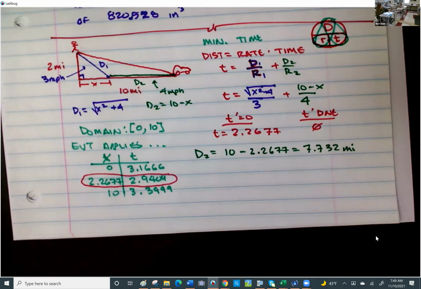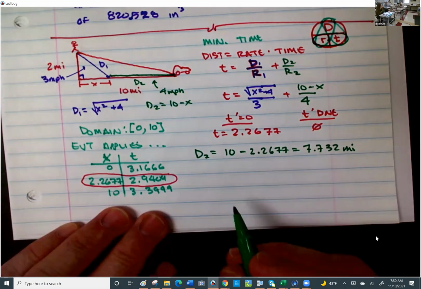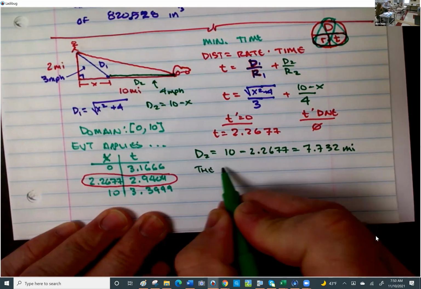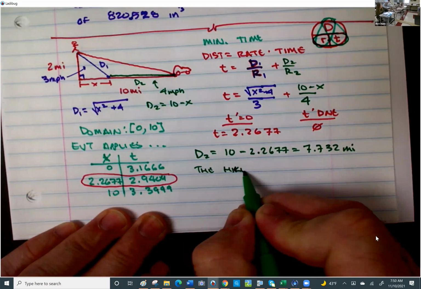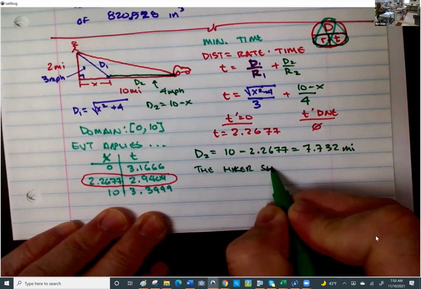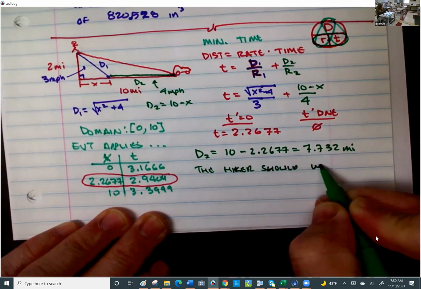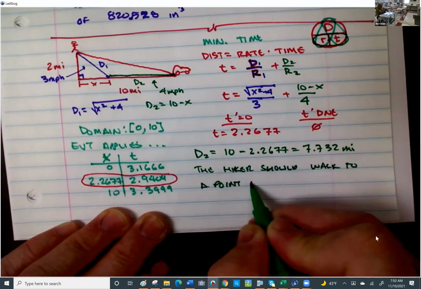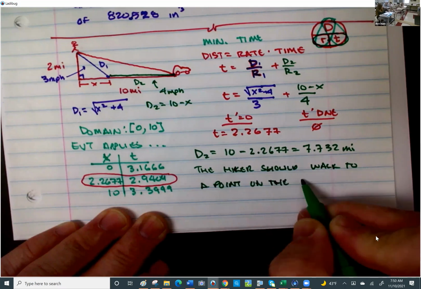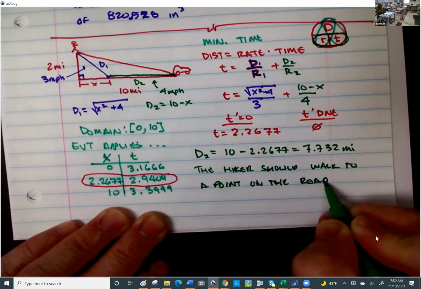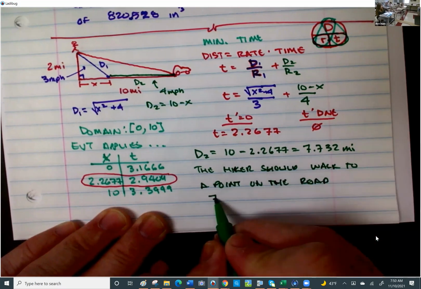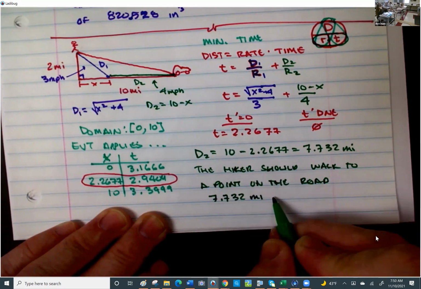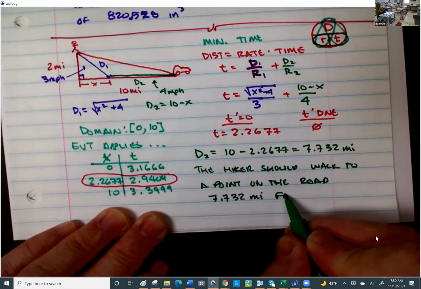Okay, because now when I answer this, the hiker should walk to a point on the road 7.732 miles from the car.